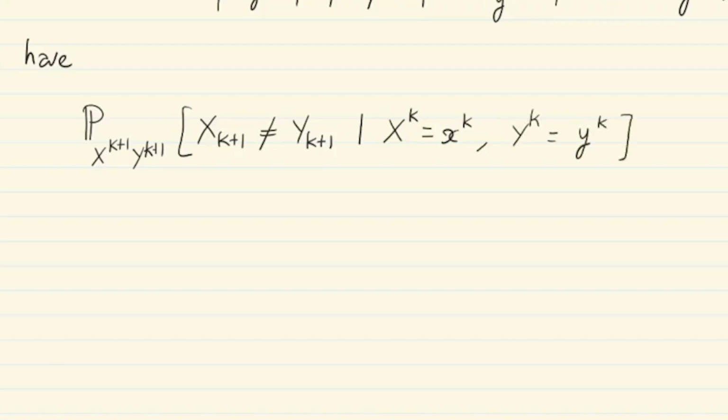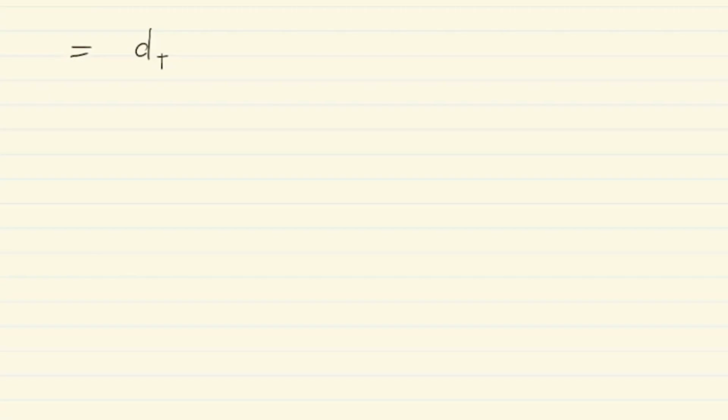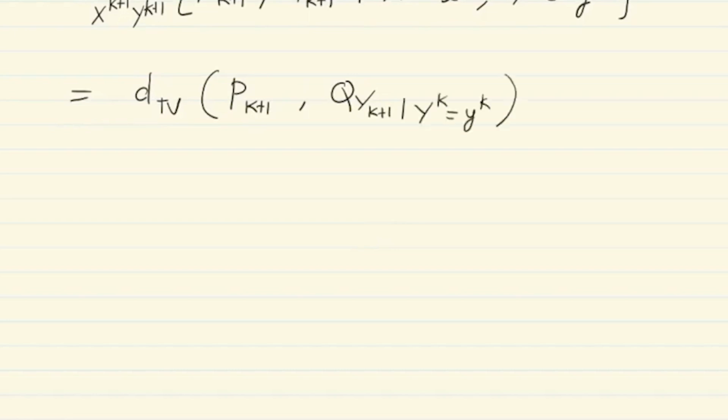is small yk, must be equal to the total variation distance between the distributions that the tail end coupled, which are pk plus 1 and the conditional distribution of yk plus 1 given yk equal to small yk.